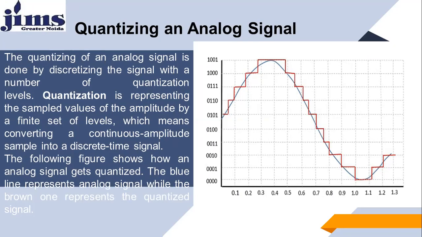If you look at that particular picture, we have an analog signal, right? We have to take the samples, and after we get the samples, we have to quantize these samples. So look at this particular picture. The first sample is at 0, 1, 0, 1, and this represents a value 6.